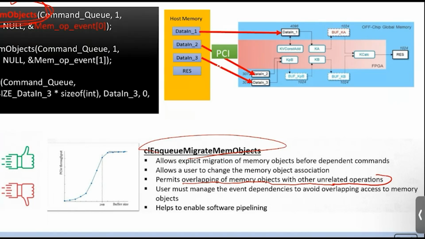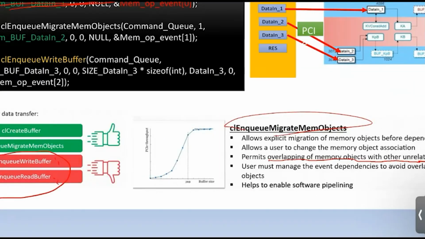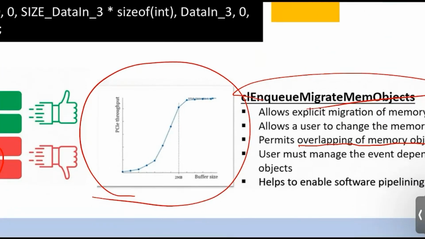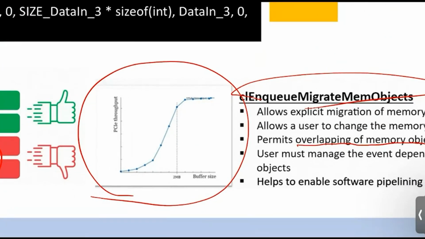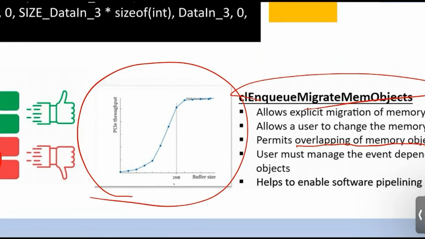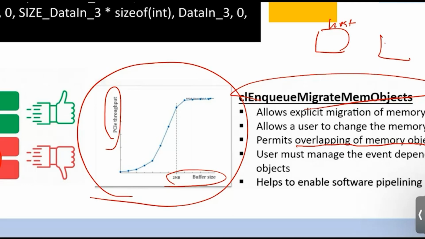Okay, and this curve is also important. I'd like to elaborate more about this one. In this curve, you see here, that's the buffer size, and that's the PCIe throughput. The data transfer between the host and the FPGA is of course over the PCIe bus, and the PCIe bus bandwidth is a critical factor in the whole system design.